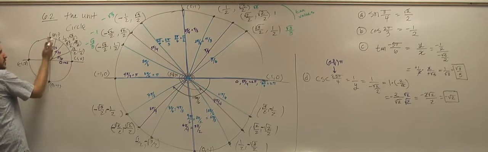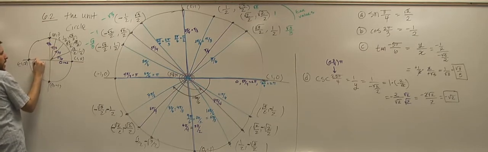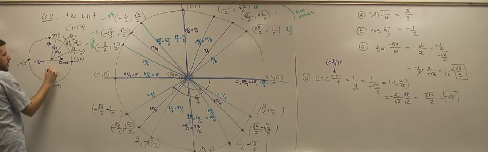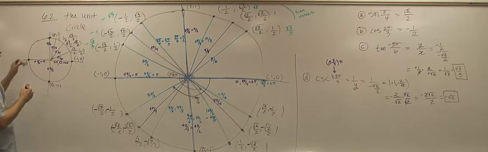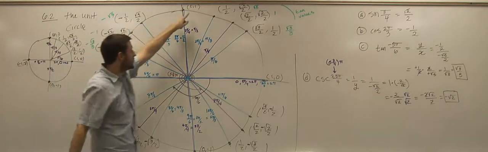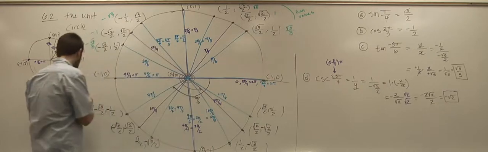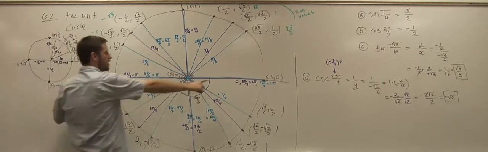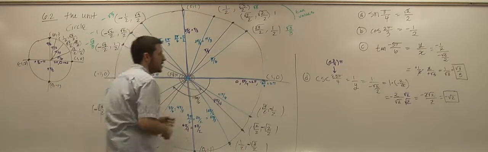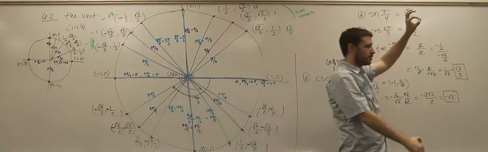But then as you go up, you get pi over 2 here, you get 2 pi over 2 here, which is pi, you get 3 pi over 2 here, and then you get back to 2 pi. So the axes give you, just by drawing a circle and labeling only the points on the axis, you can evaluate sine and cosine for any multiple of pi over 2.